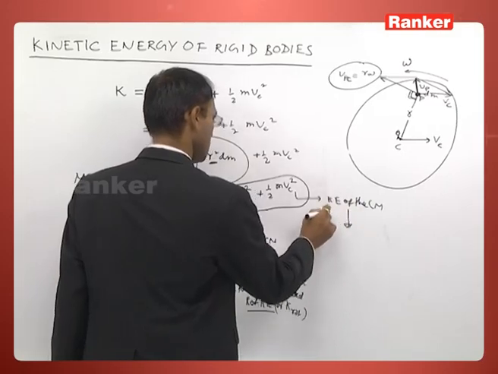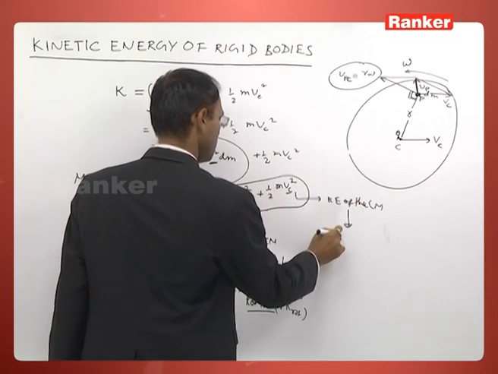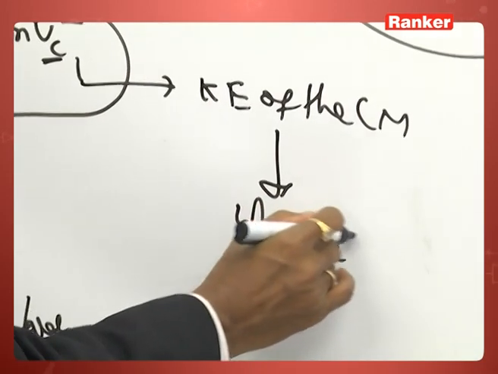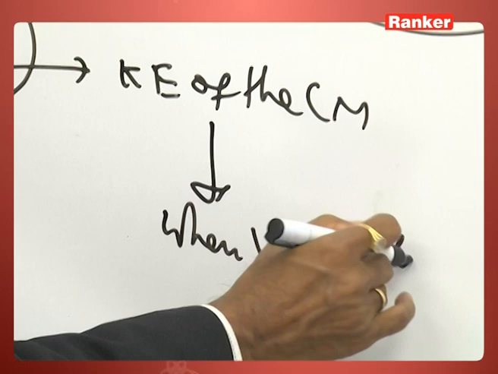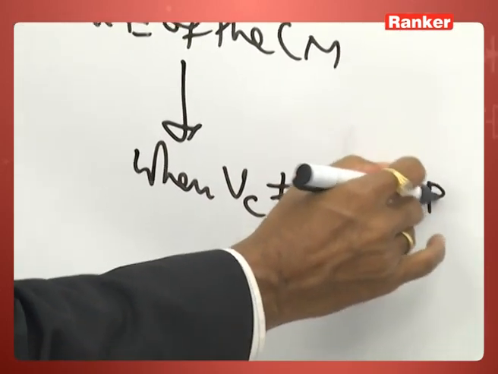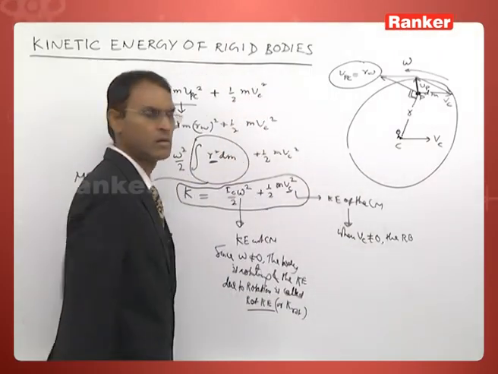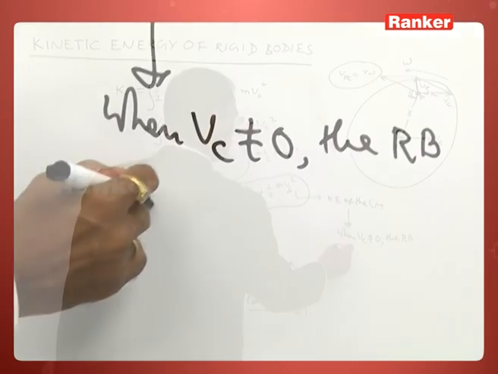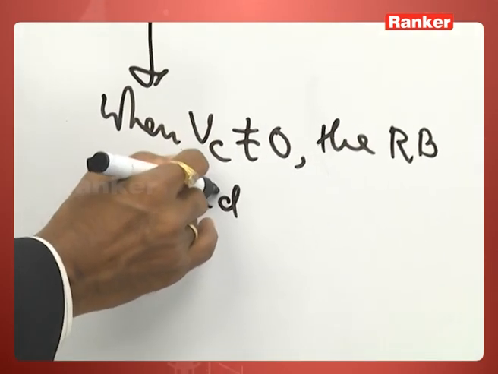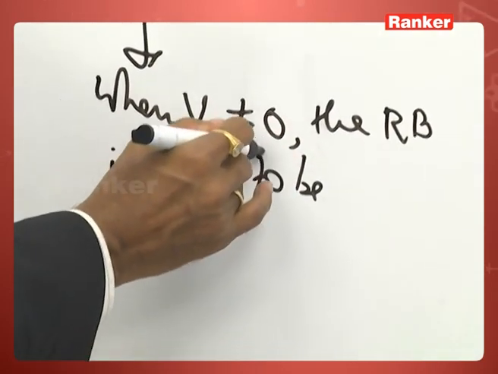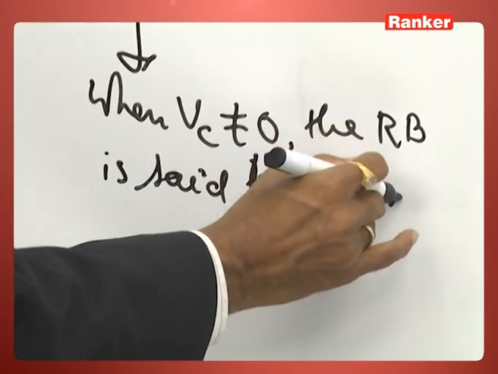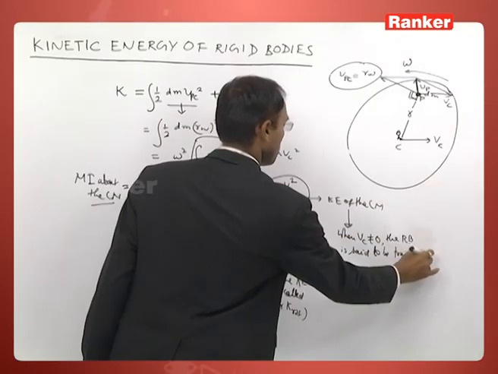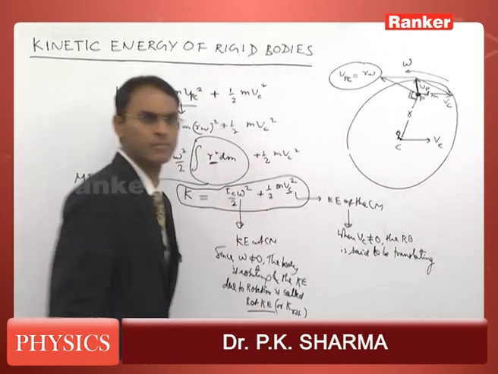Here, when Vc, the center of mass velocity, is not equal to 0, the rigid body is said to be translating.